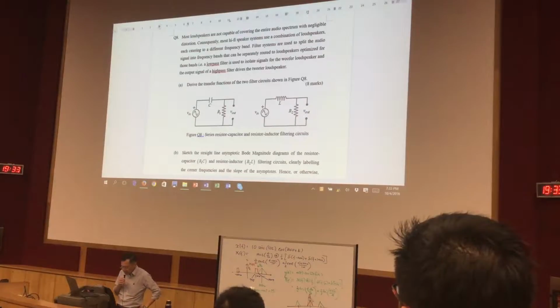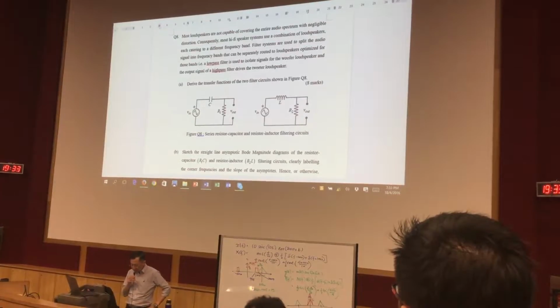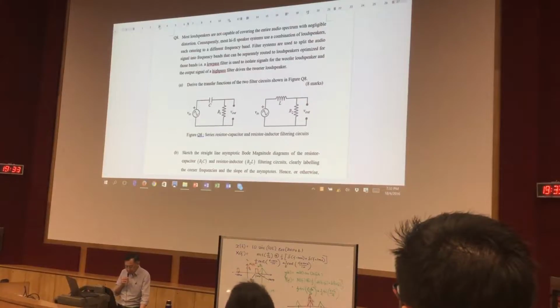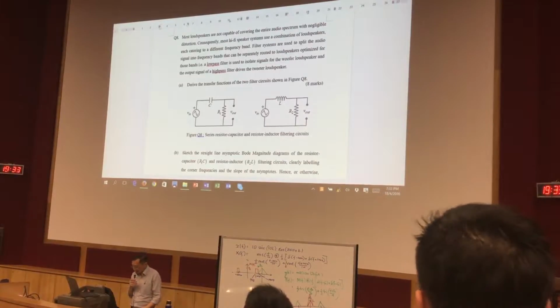Filter systems are used to split the audio signal into frequency bands that can be separately routed to loudspeakers optimized for those bands. That is, a low-pass filter is used to isolate signals for the woofer loudspeaker, and the output signal of a high-pass filter drives the tweeter loudspeaker.